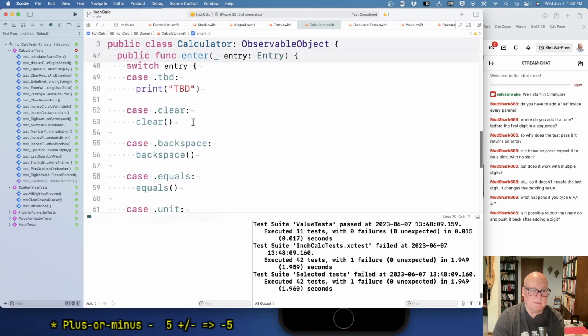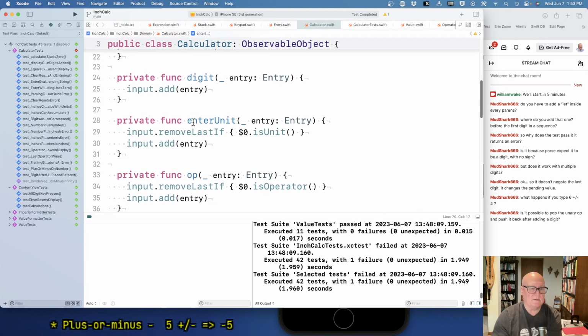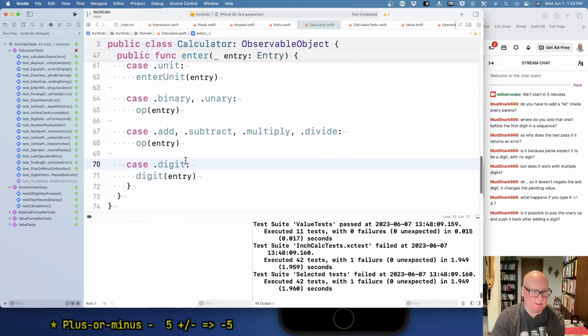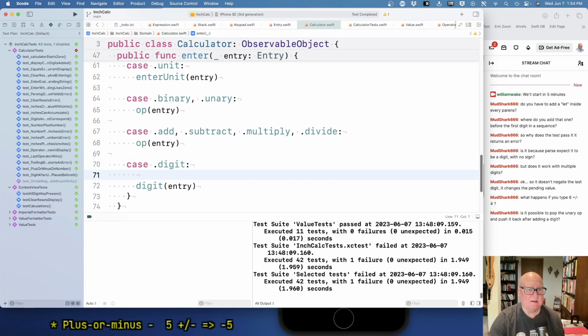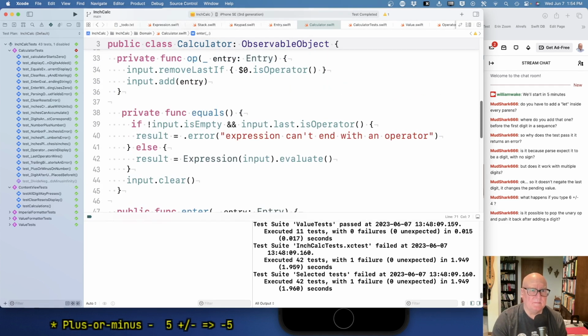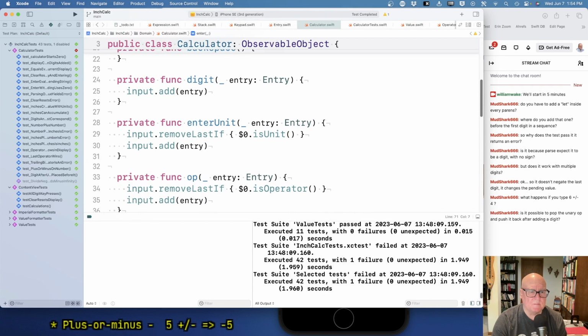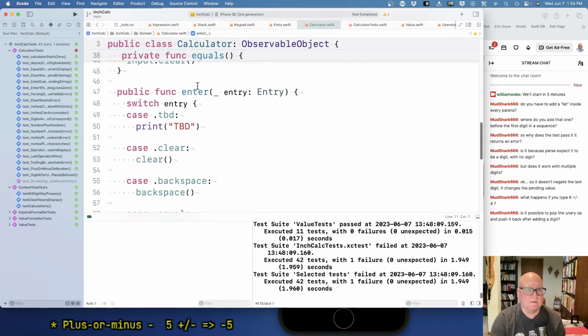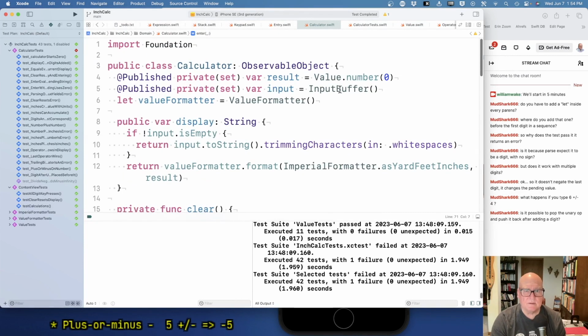Okay, enter unit. Let's take a look at that too. Okay, we'll deal with units too, but let's get this straight first. Okay, so if the last, let's see our input buffer.